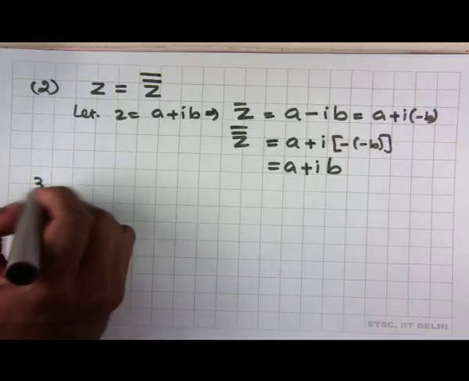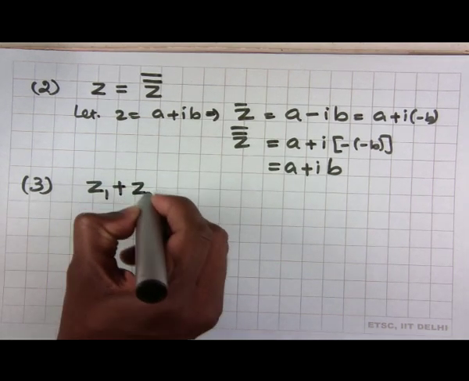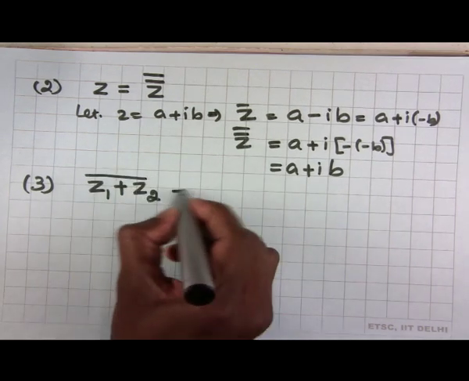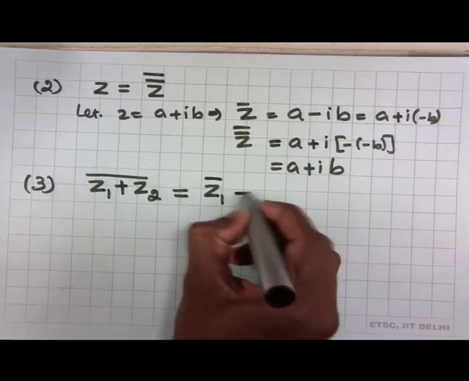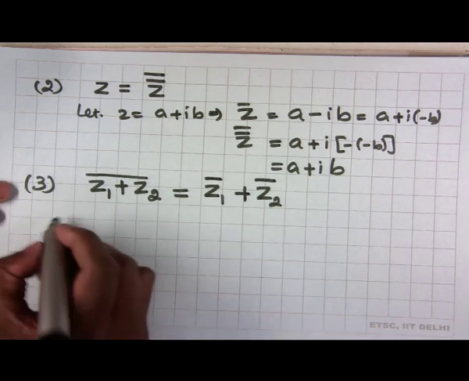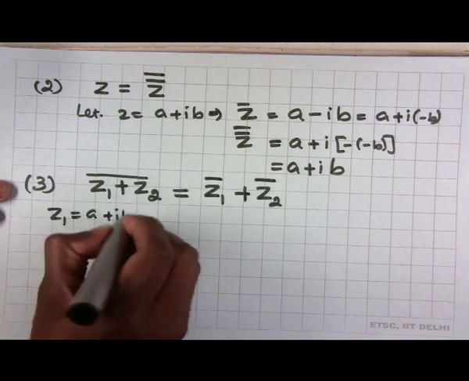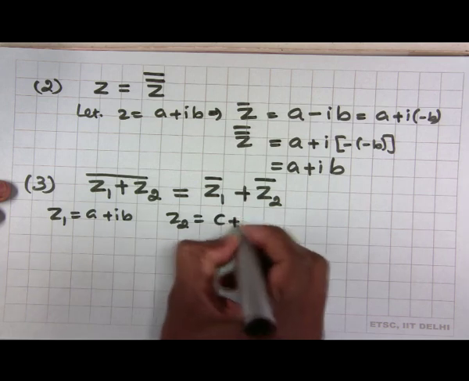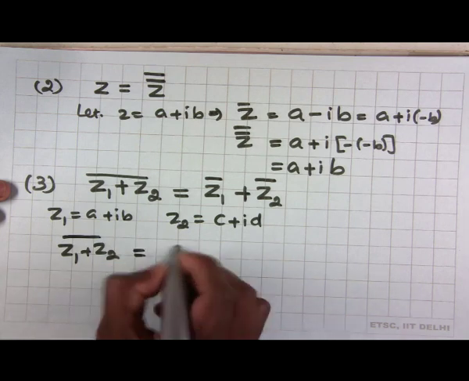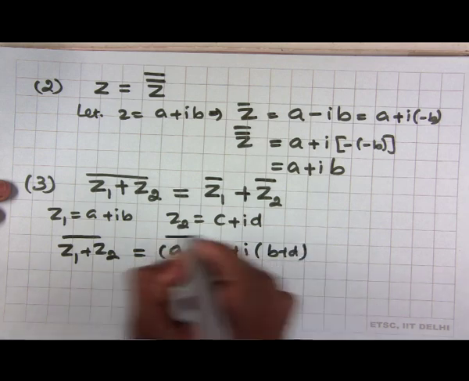Third proposition: if we consider the sum of two complex numbers and take its conjugation, this is the same as z1 bar plus z2 bar. This is again easy to visualize. Let us say that z1 is a plus ib and z2 is c plus id, then the conjugate of z1 plus z2, which is a plus c plus i times b plus d, whole conjugation.